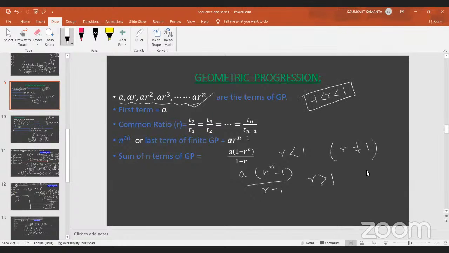Then only we can find the sum S infinity. Just remember, S infinity of GP is nothing but, what is the formula? Arjo: Sir, A by 1 minus R. A by 1 minus R.